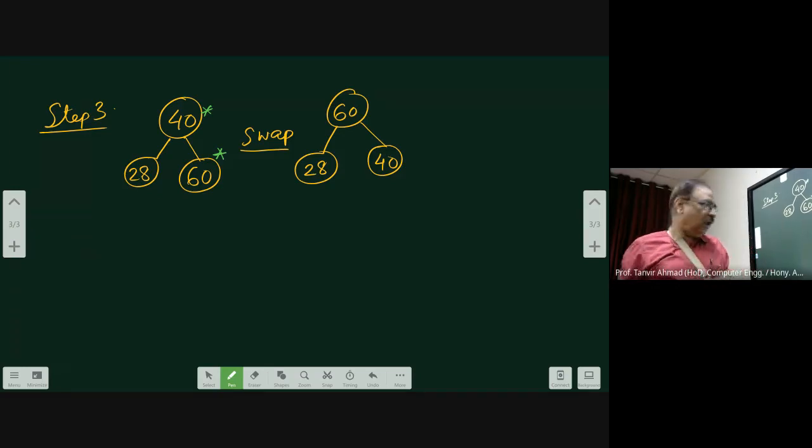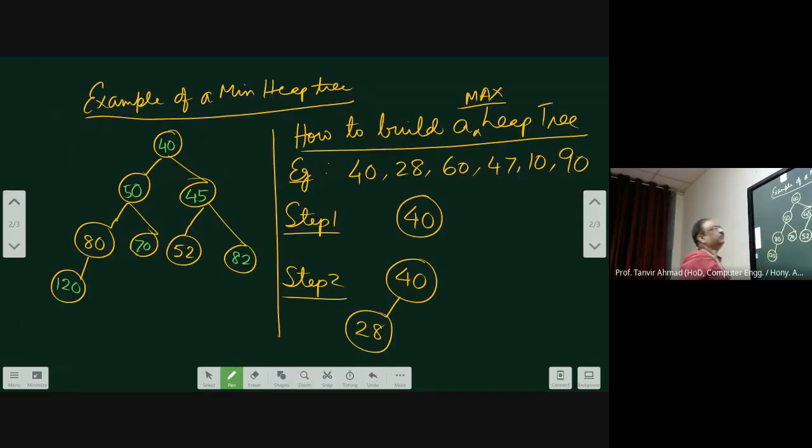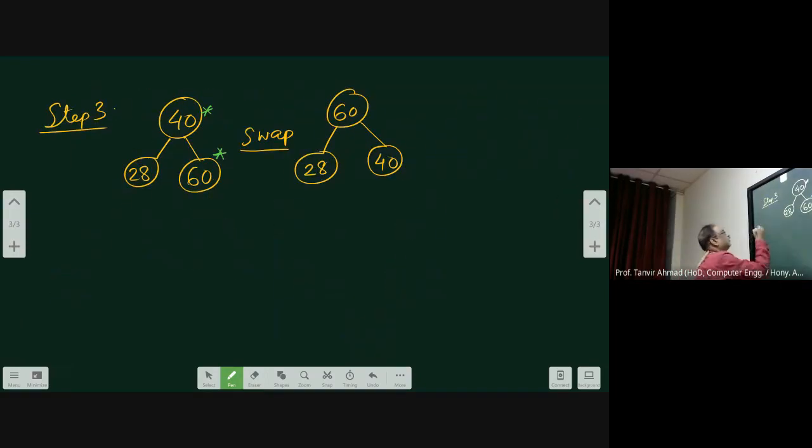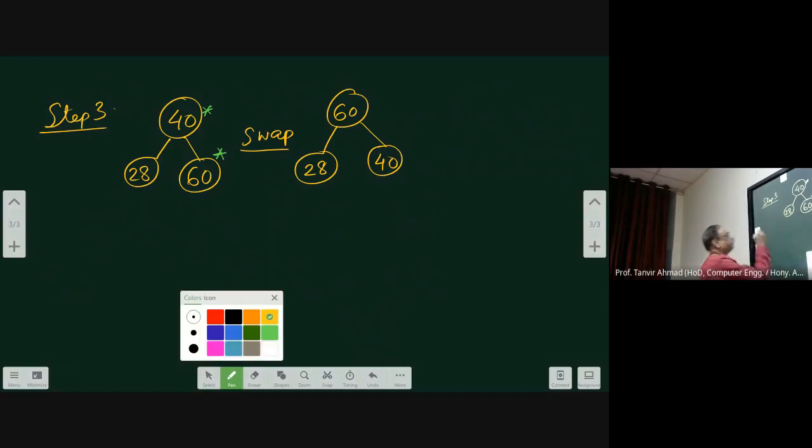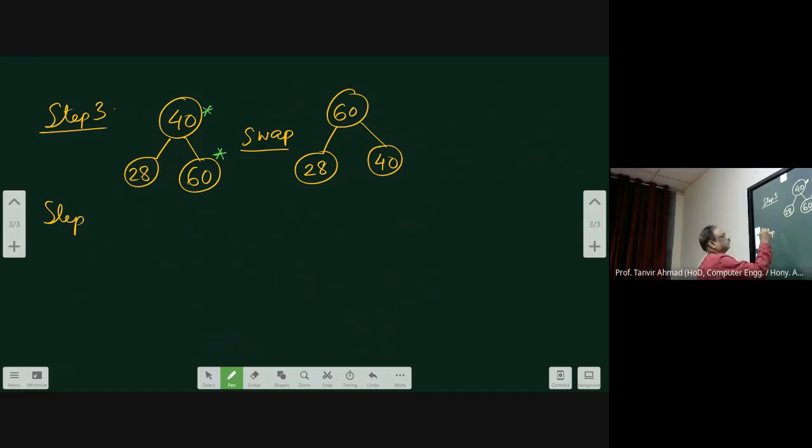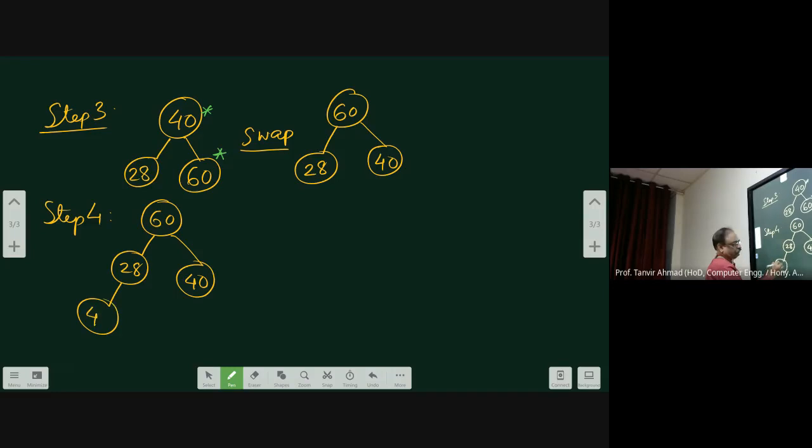Okay. Now take the fourth number. The fourth number is 47, 10, 90. The fourth number you are going to take for the step. It is 47. Therefore, you have to put here. Again, you find the property is violated between 28 and 47 because at that time 47 should not come here.